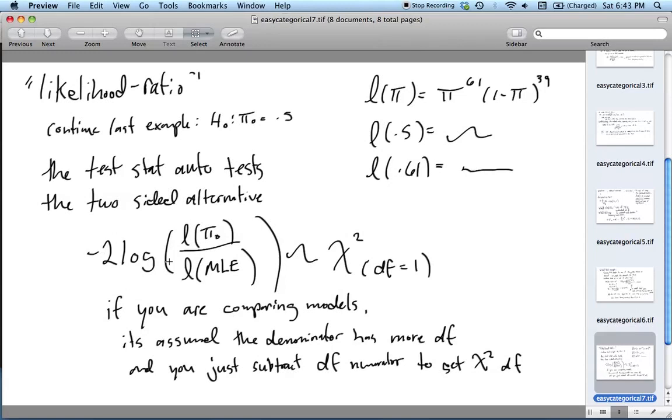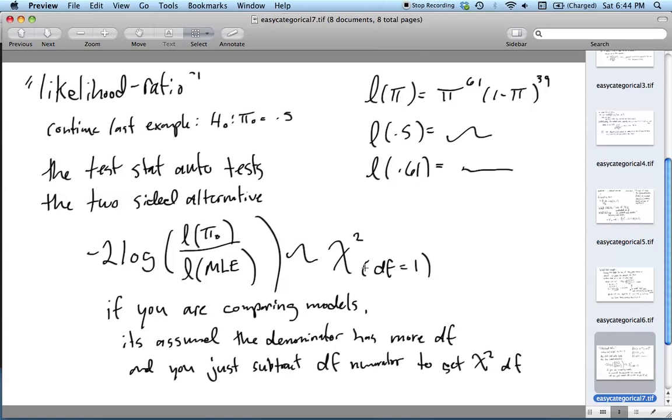You take your likelihood function evaluated at the MLE, and you take your likelihood function evaluated at your null. You take the ratio of them, and then you do -2 log of that ratio.